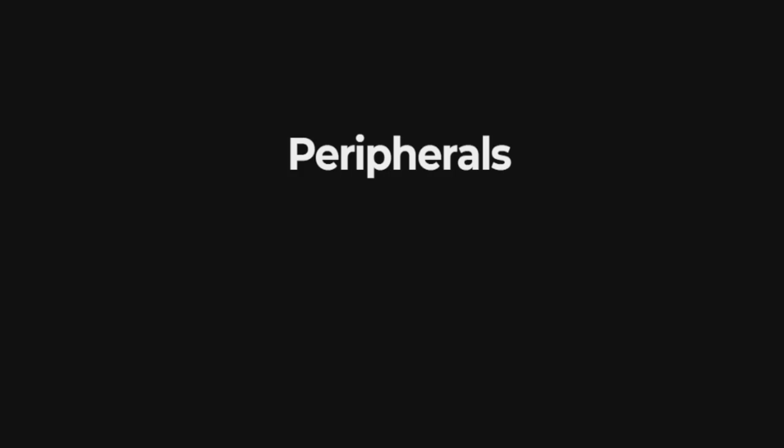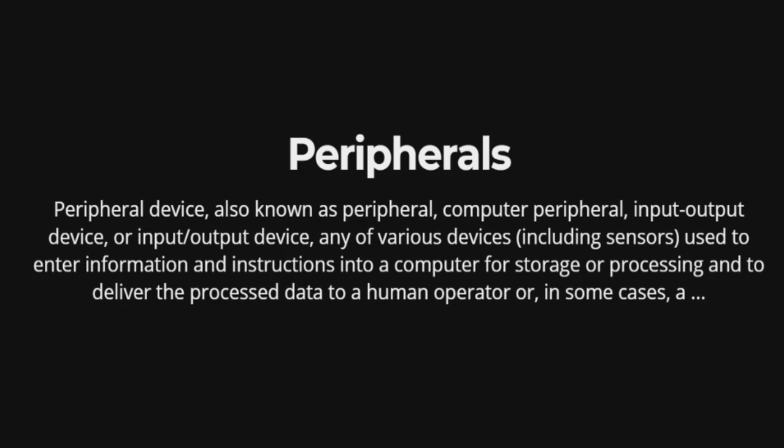Peripherals. Peripheral device, also known as peripheral, computer peripheral, input-output device, or input/output device, any of various devices, including sensors, used to enter information and instructions into a computer for storage or processing and to deliver the processed data to a human operator or, in some cases, a machine.